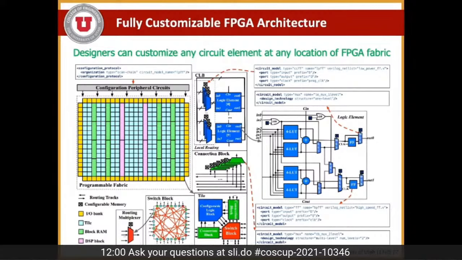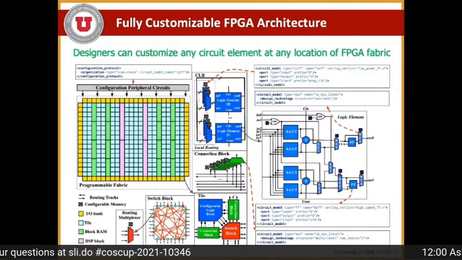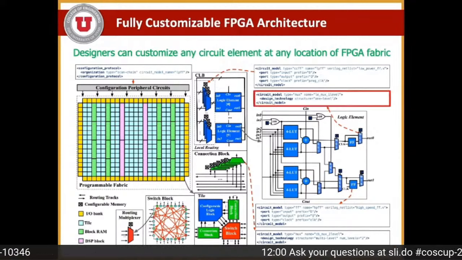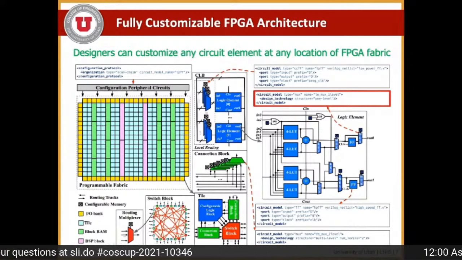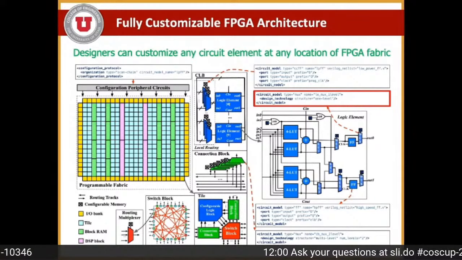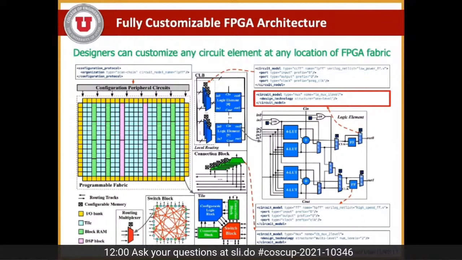For example, in this figure, on the left side, we show the complete FPGA fabric, as you may see in the commercial vendors. We allow people to customize a single multiplexer inside a logic element block with a dedicated or special multiplexing structure. In this example, as you see, it's a one-level multiplexer.